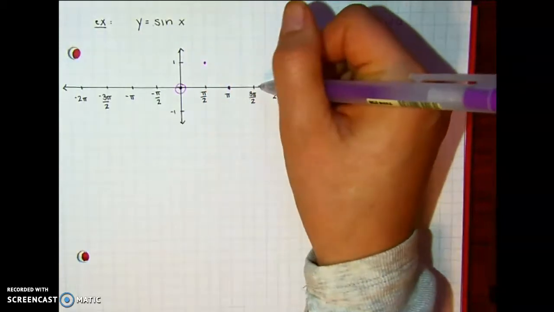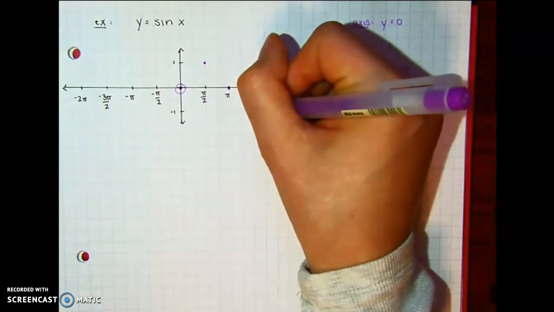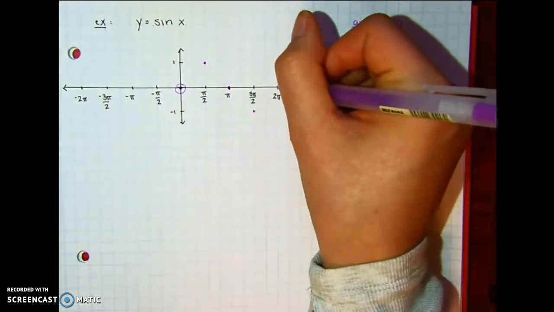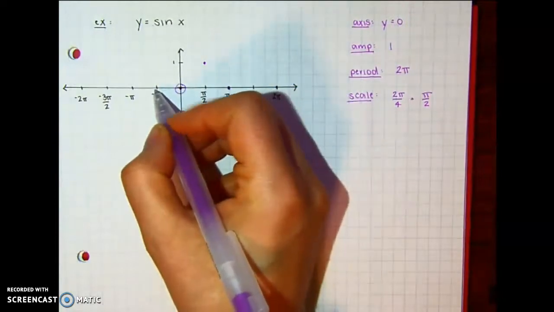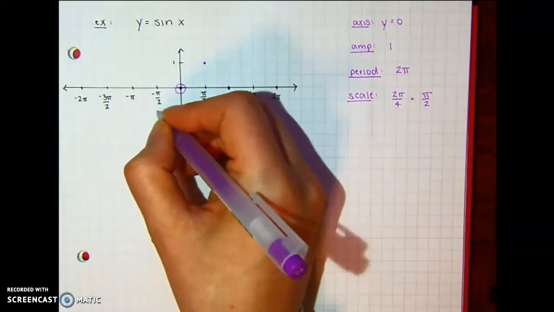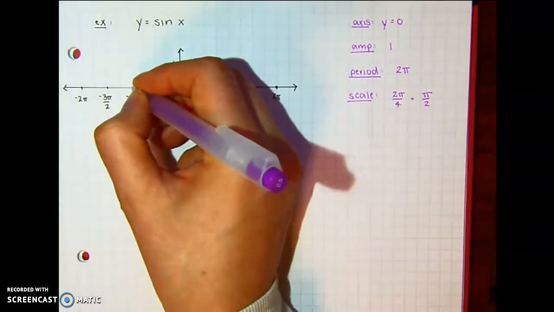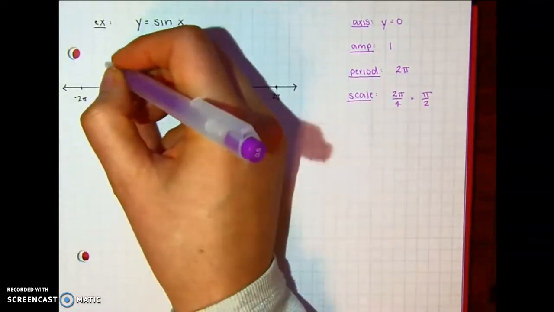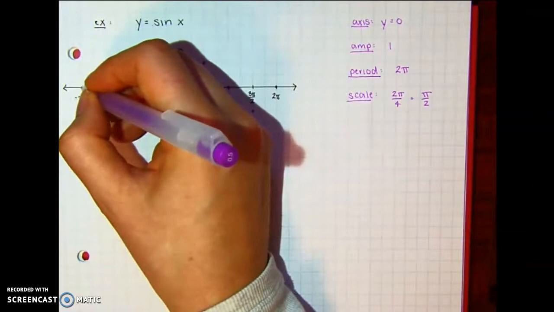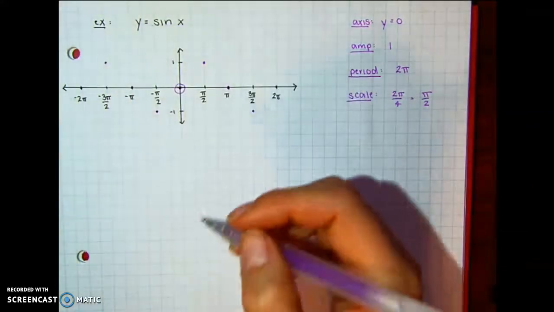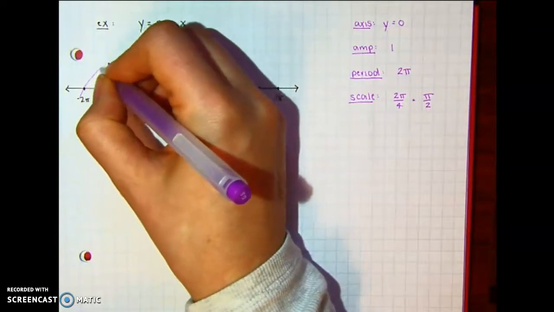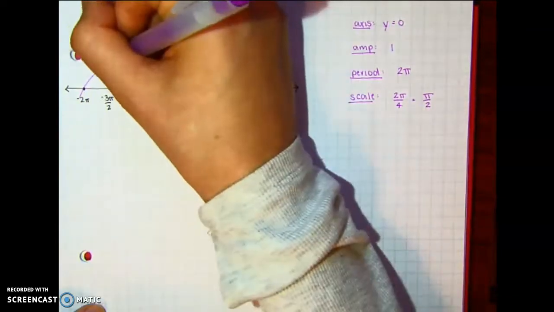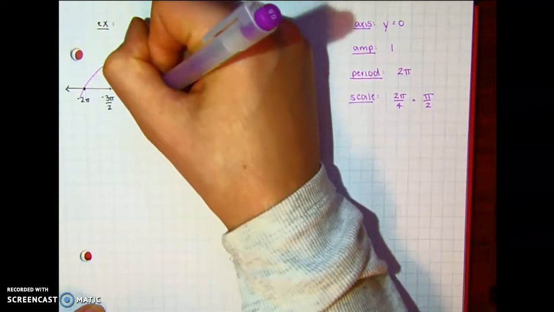Sine of 3 pi over 2 is negative 1 on the unit circle. Sine of 2 pi, 0. Sine of negative pi over 2, negative 1 because we're going backwards on the unit circle. Negative pi is 0. Negative 3 pi over 2 is 1. Negative 2 pi, 0. So it's going to continue this pattern.